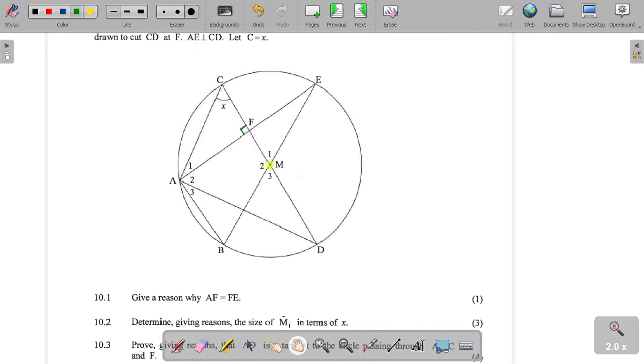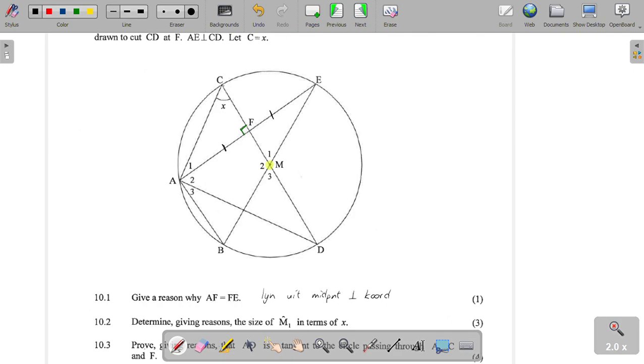Then they say gee 'n rede hoekom AF gelyk is aan FE. So jy sê lyn uit midpunt loodreg koord. Remember, if you are saying that this one is equal in size or in length to that one, then you give the two stuff.